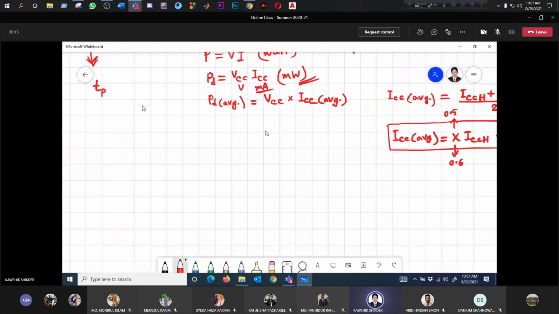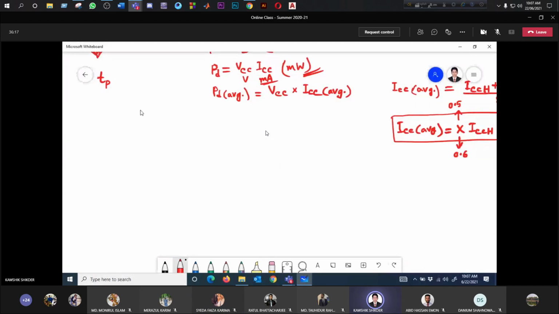Now after power dissipation, the next one is propagation delay. For example, one inverter is there. If the input 0 is applied here, the output will be 1.